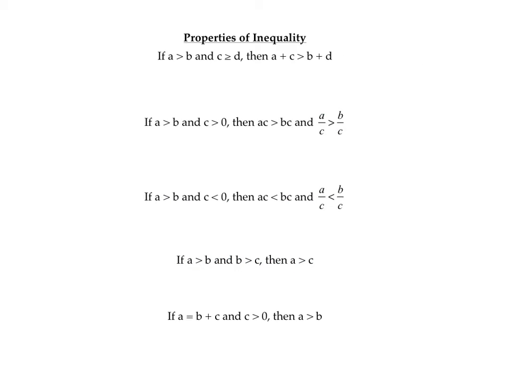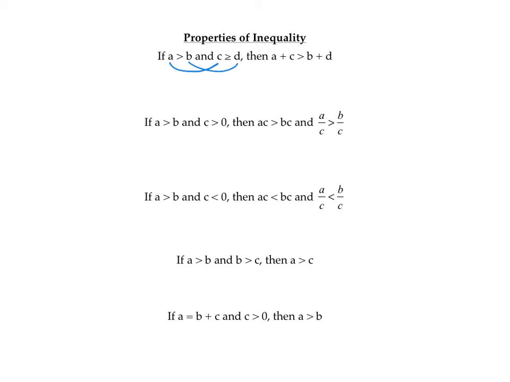Okay, next we're going to take a look at some properties of inequality. And with inequalities, very often it's easiest if you replace all those variables with numbers. So in the first one, it says if A is greater than B and C is greater than or equal to D, then the sum of A plus C has to be greater than the sum of B and D. So let's do this with numbers.